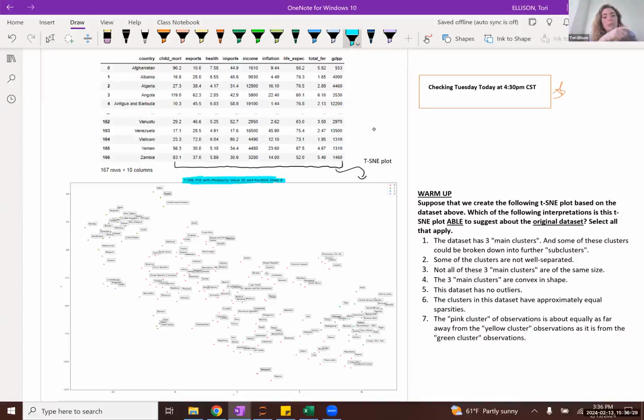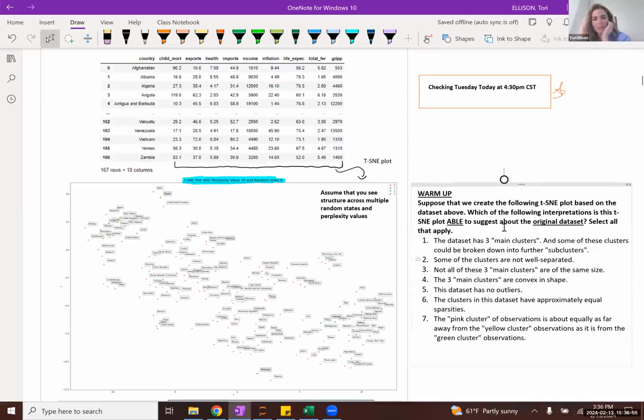So now let's make this assumption here. Assume that you see this structure across multiple random states and perplexity values. Basically, assume that this is not just a fluke that we're seeing here, or something that was just due to a particular perplexity value.